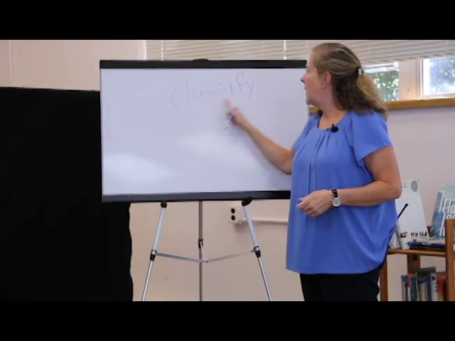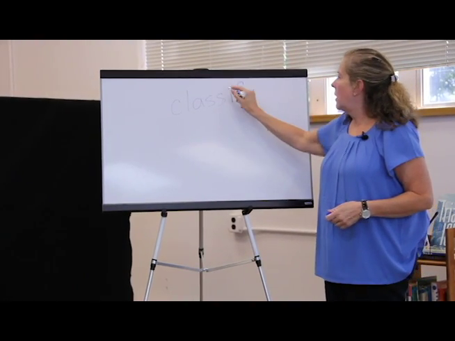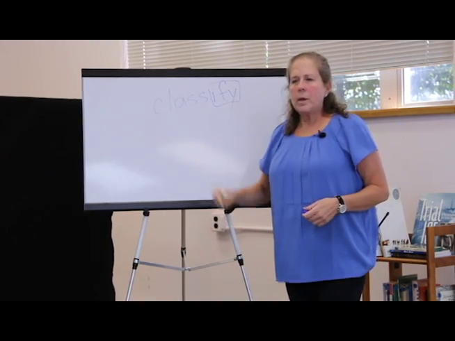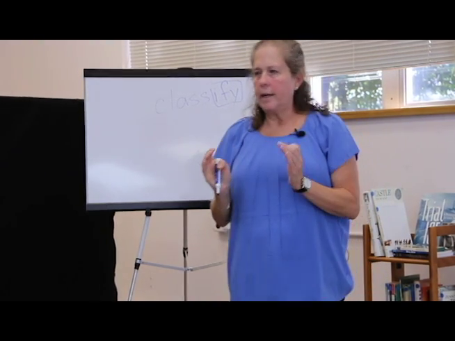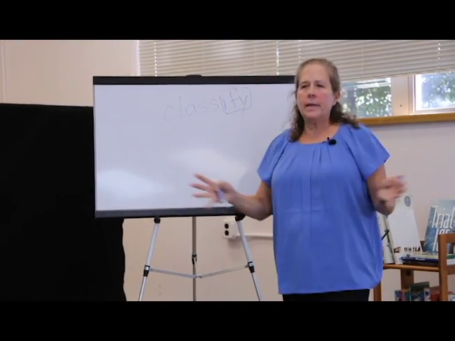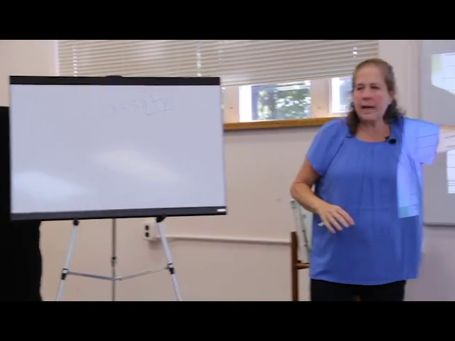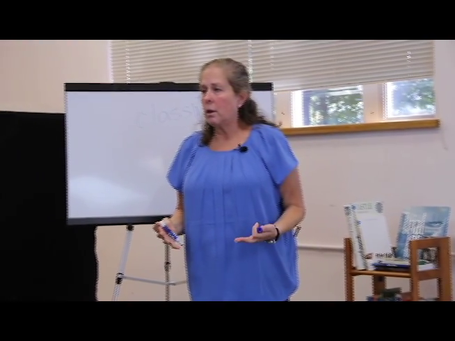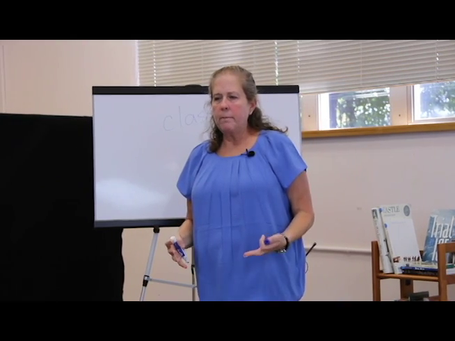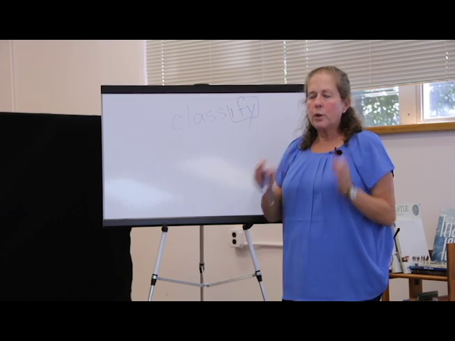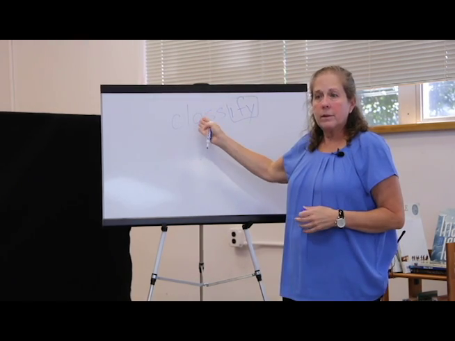So we've taken the noun class, put this ending on it, and now it's a verb. We're going to classify word endings. And we're going to take all these endings, every box has a different ending, and there are a lot of them. So to make it easier for you all to learn them, memorize them, use them, we're going to organize them into groups, into classes.